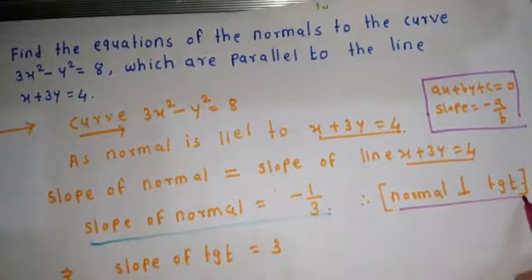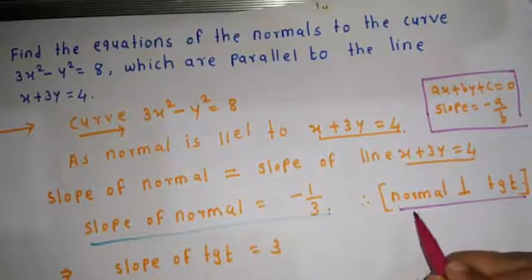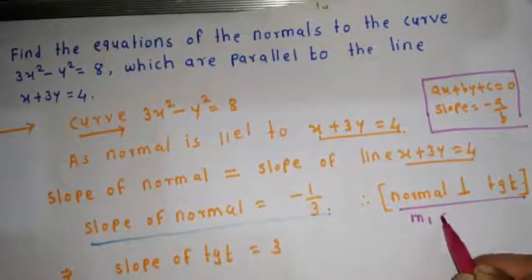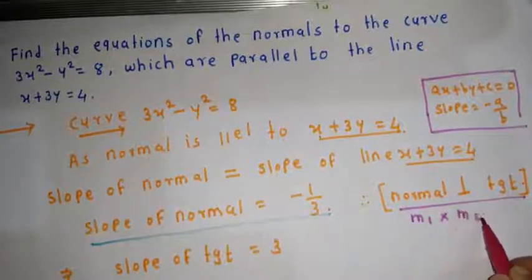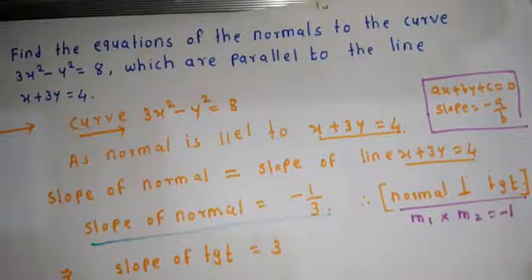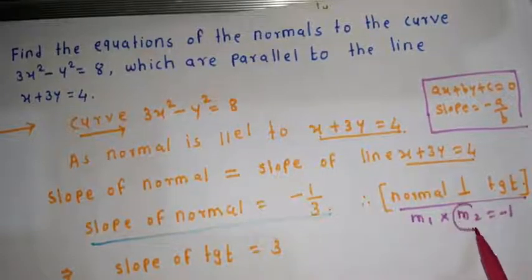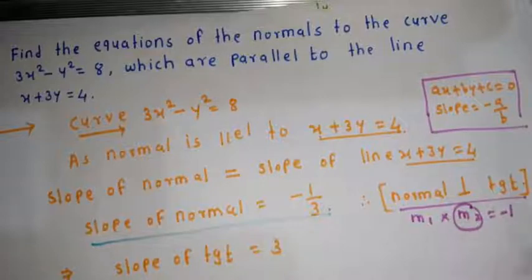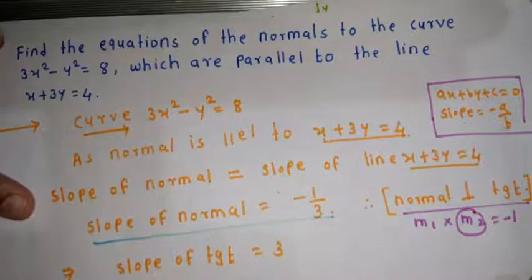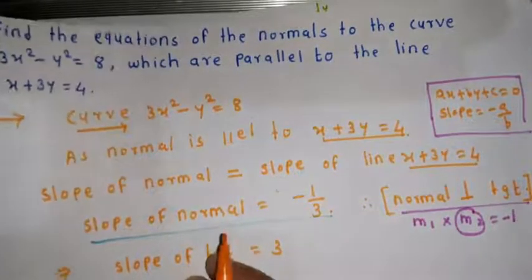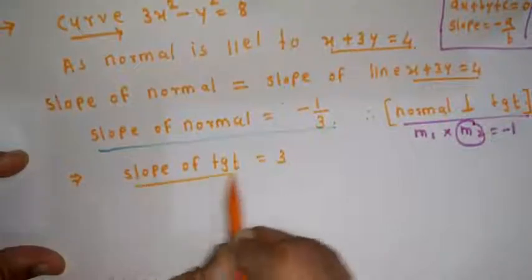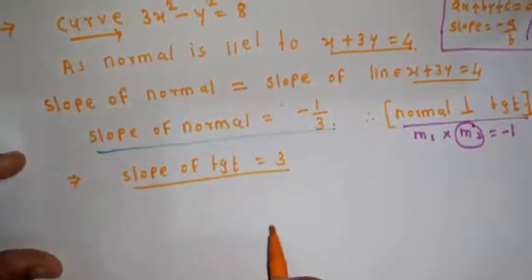Normal is perpendicular to tangent, and therefore slope of normal, that is m1, times slope of tangent m2 is equal to minus 1. Therefore slope of tangent m2 is minus 1 upon m1, and that's why slope of tangent is 3. Okay students, hence slope of tangent is 3.